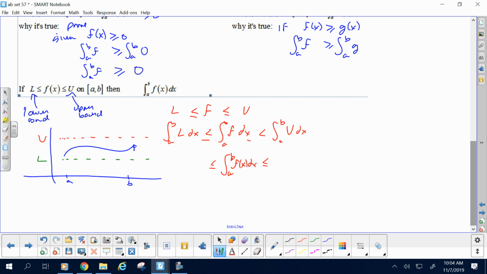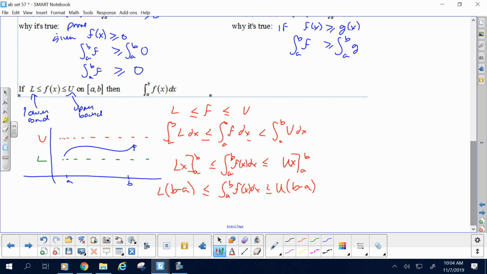So what's the antiderivative of L with respect to x? Lx from a to b. What's the antiderivative of U with respect to x? Ux from a to b. Okay, if I evaluate with the fundamental theorem, it would be L times (b minus a), less than or equal to the integral, which is less than or equal to U times (b minus a).